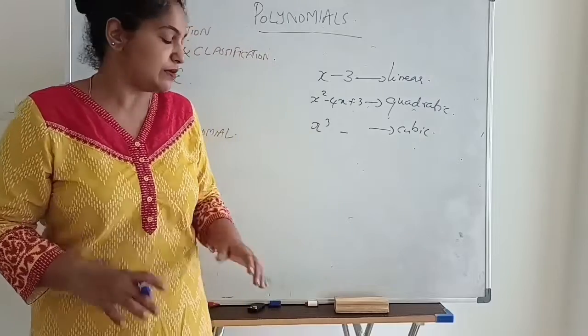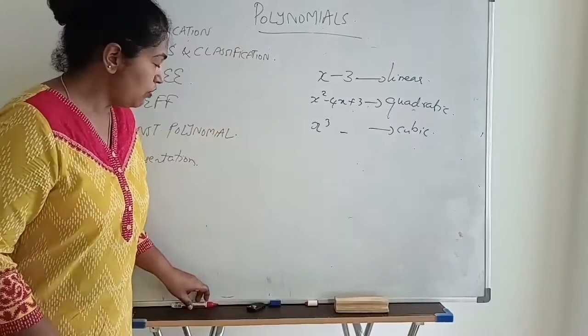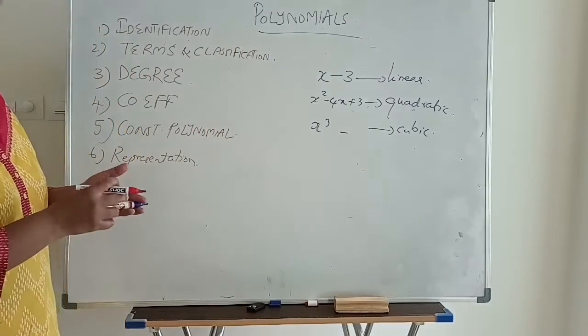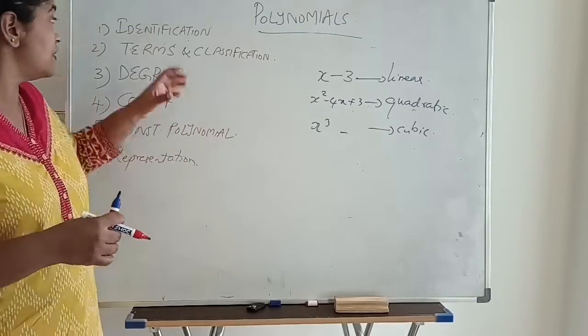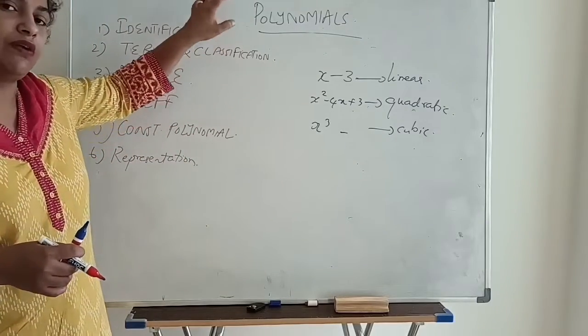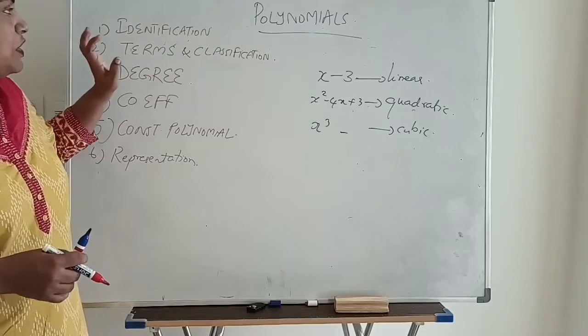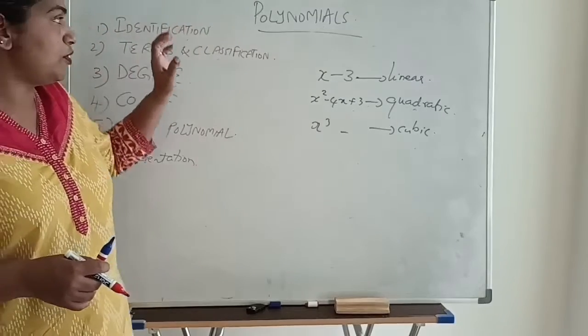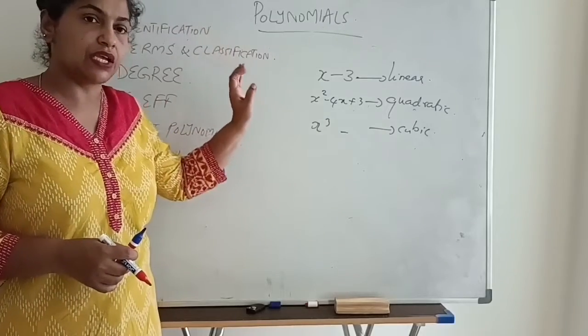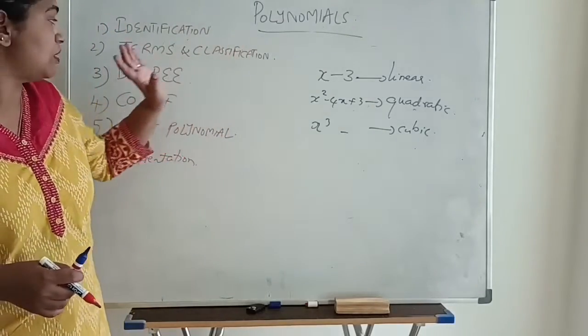Okay, fine. So so far in this class we have gone through the identification of a polynomial, how to identify a polynomial from any algebraic expression, the terms of a polynomial, and how to classify a polynomial as a monomial, binomial, trinomial, etc. based on the number of terms.